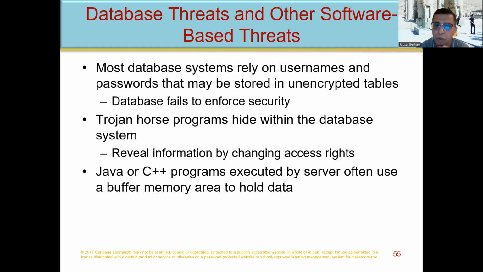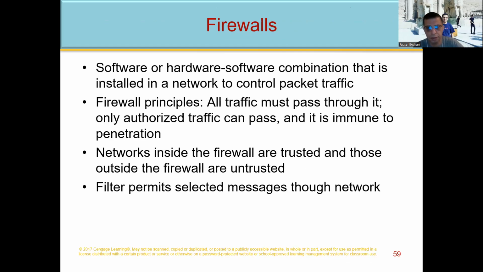There is something called a Trojan horse program that hides within the database system to change some data and reveal it later on. It reveals information by changing access rights. They go in, they change access rights. Java or C++ programs executed by the server often use a buffer memory area to hold the data there, so it does not give you direct access to the main data.